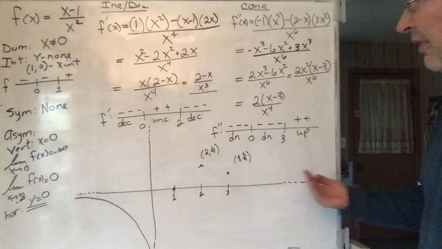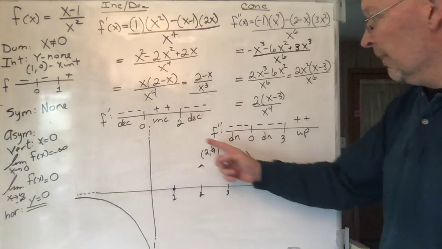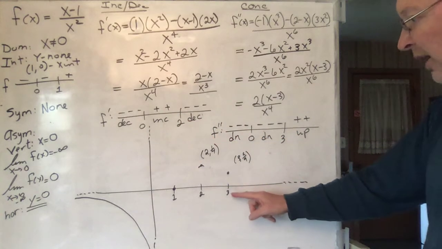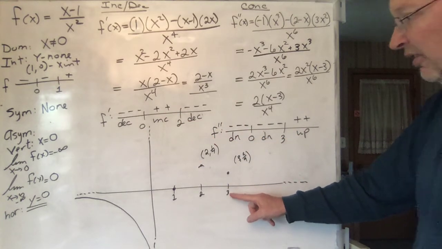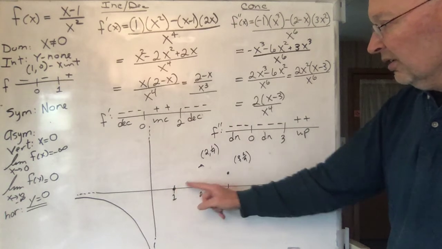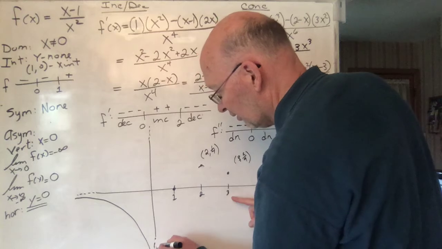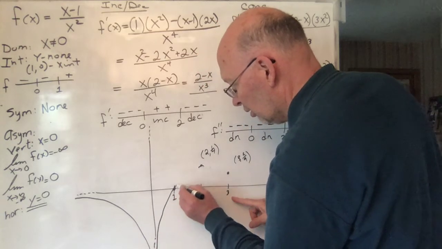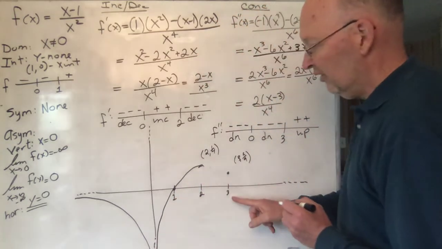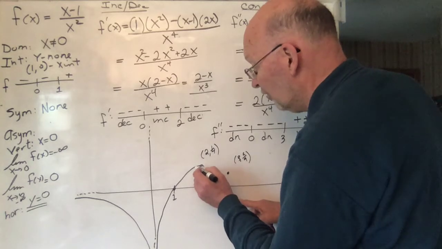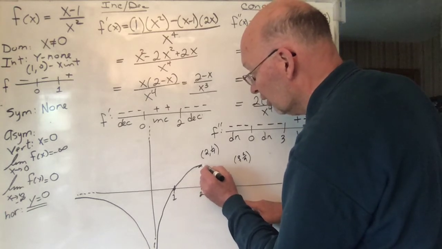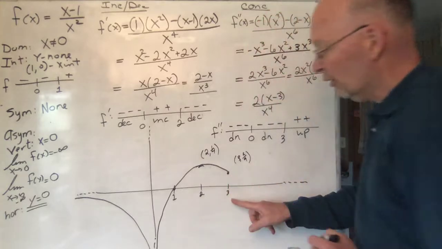Once you pass 0, then what happens? It's increasing. It's concave down all the way until I get to 3. So it's increasing. It goes through this point. It increases until it gets to 2. So it must look something like this. Once you pass 2, it starts decreasing.